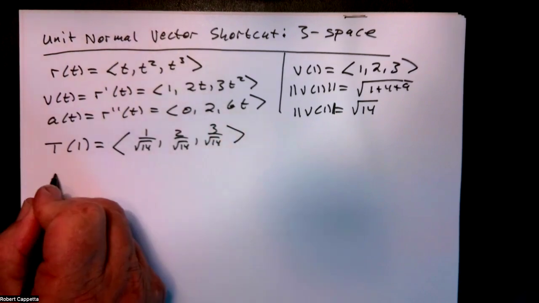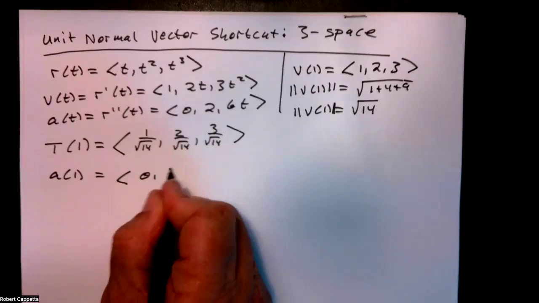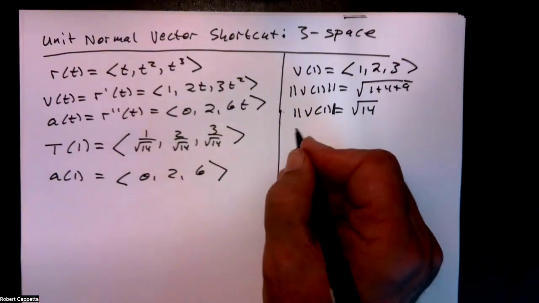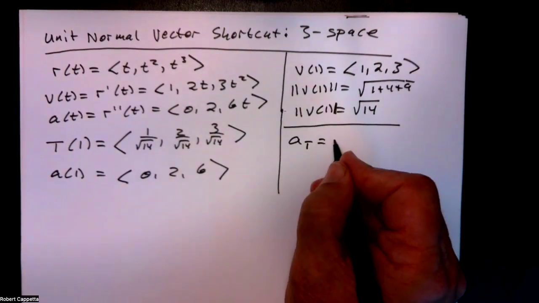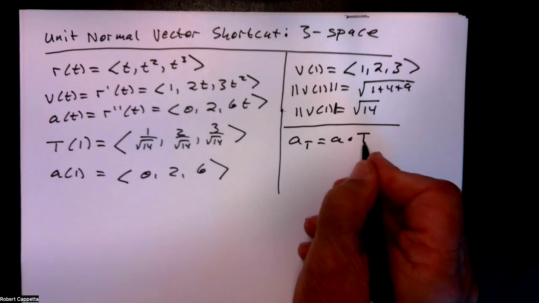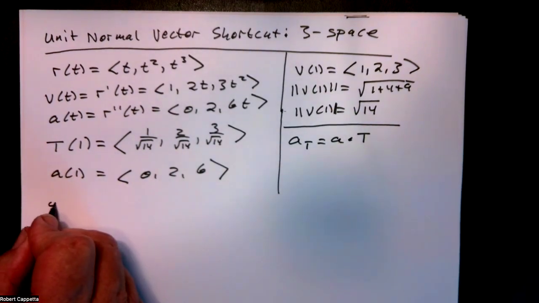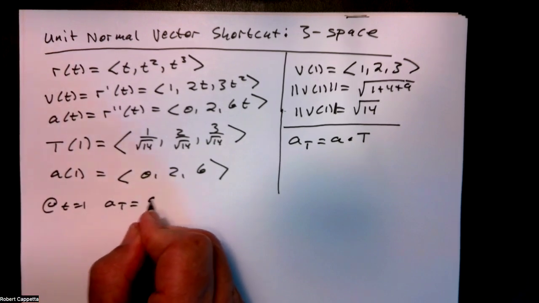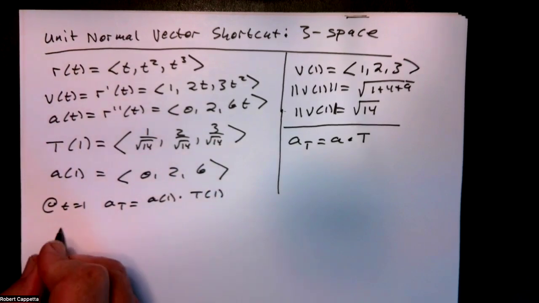And how about I get a of 1? What's the acceleration at 1? Well, 0, 2, and then 6 times 1 is 6. Then what do we remember? The tangential component of acceleration is a dot T. So at t equals 1, a sub t is a of 1 dot T of 1.